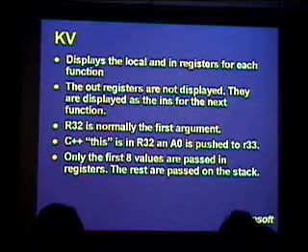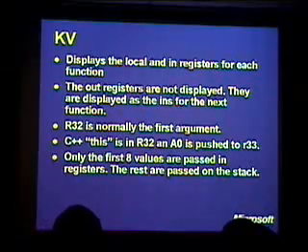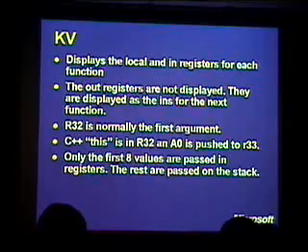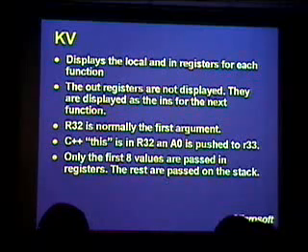So sometimes you might see, well, I'll show you an example. As I say, R32 is normally the first argument. Unless you're writing C++ code, if it's a method, then R32 is the this pointer, and the first argument is pushed down to R33. Only the first 8 values are stored in registers.